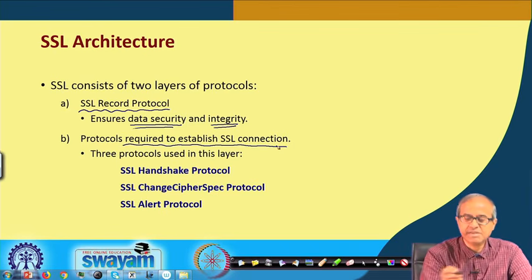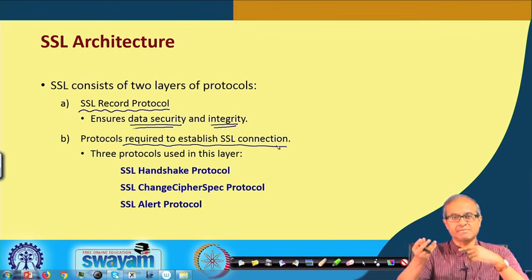So, all the methods we had talked about earlier are handled by that particular layer. And for establishing an SSL connection, that is initial. So, whenever a connection is initially being set up, here the connection is a little different compared with a normal TCP connection. For a TCP connection, you recall there was a three-way handshake through which a sender process and a receiver process can establish a connection between them.